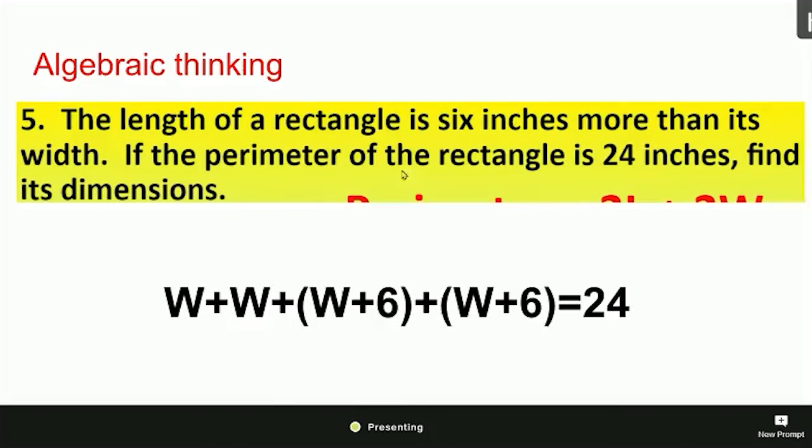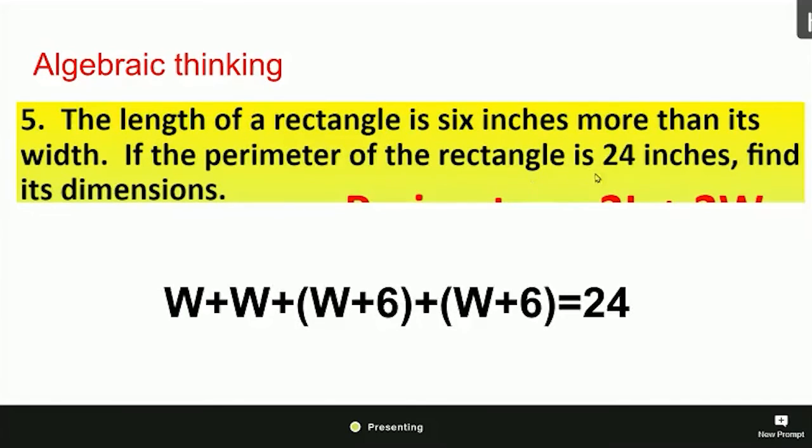If the perimeter of the rectangle is 24 inches, find its dimensions. Maybe without algebra you are still able to find the answer. You can try. If the width is 1 inch, then how long is the rectangle, and what is the perimeter? You might still be able to answer this question.